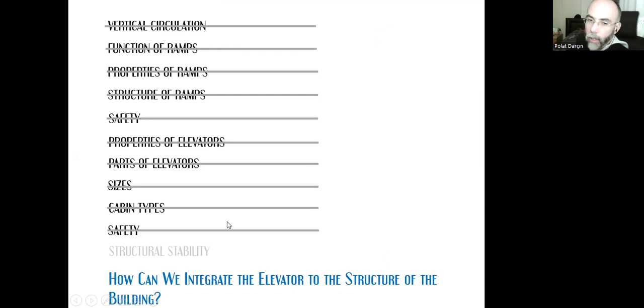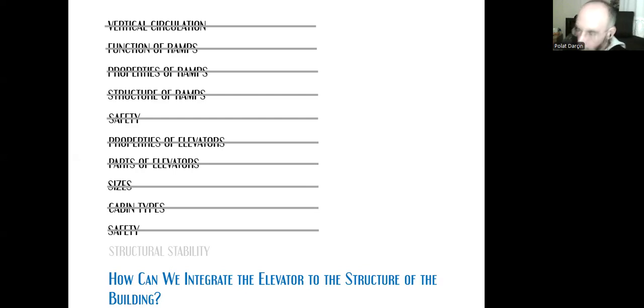Okay, last topic. How can we integrate the elevator to the structure of the building? Again, we need to find the proper solution, just like we did this for the stairs and the ramps. Elevator, it has its own weight and it has our weight. So first, when we step on the cabin or the platform, our weight will be applied to the surface of the cabin.